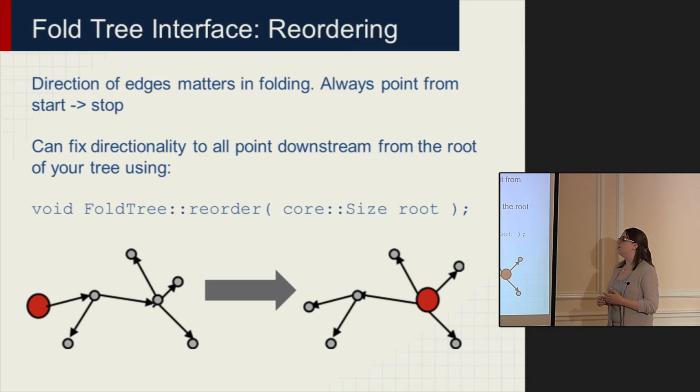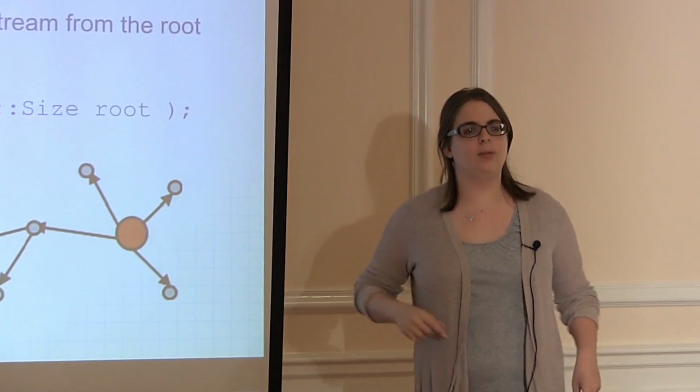So reordering is something you want to do if you want to change the root of your full tree and then flip all of the edges to point downstream away from that edge. This is just an example of what would happen if you were to do a reorder. If you had your root at the red position over there, and then you were to change it here, the direction of the edges would flip so that everything's pointing away or downstream from that particular position.